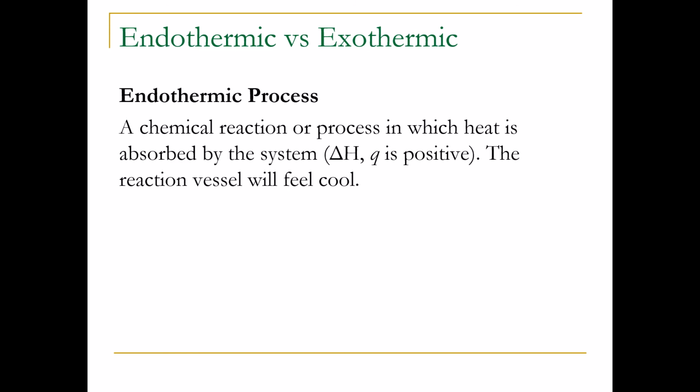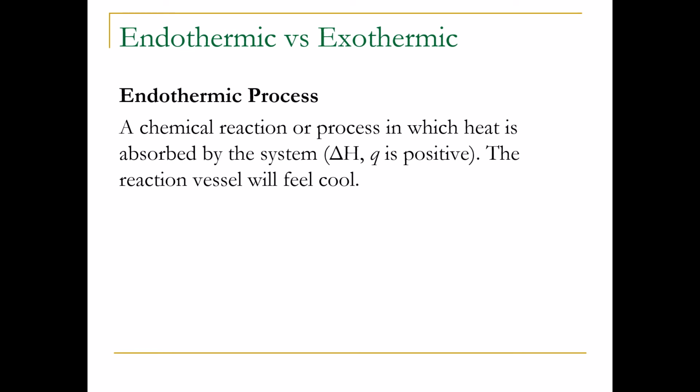So when we define a chemical reaction, we can determine whether it is endothermic or exothermic, whether heat is lost from the system or heat is gained in the system. If we have a positive Q, we also have a positive delta H, then we have a net increase in heat for the system. That means heat is coming from the surroundings and going into our system. So our surroundings are going to get colder. We're going to feel colder because they're losing their heat.